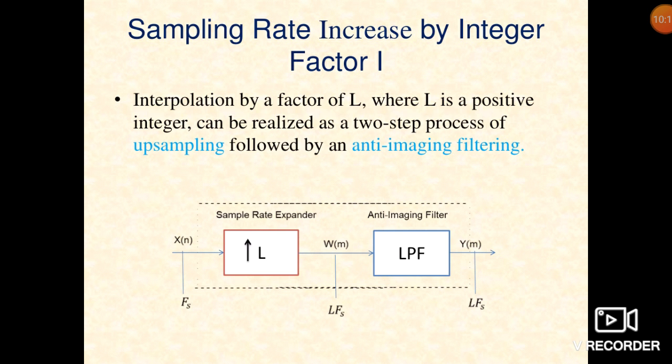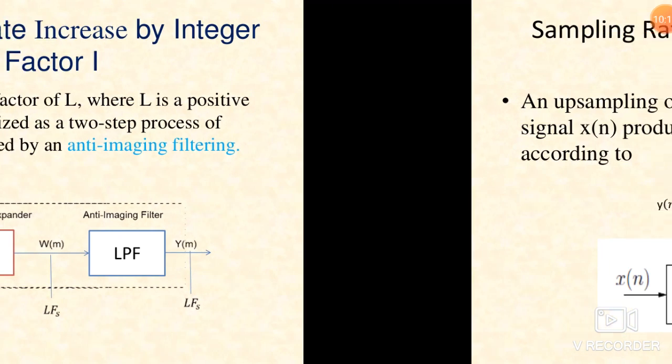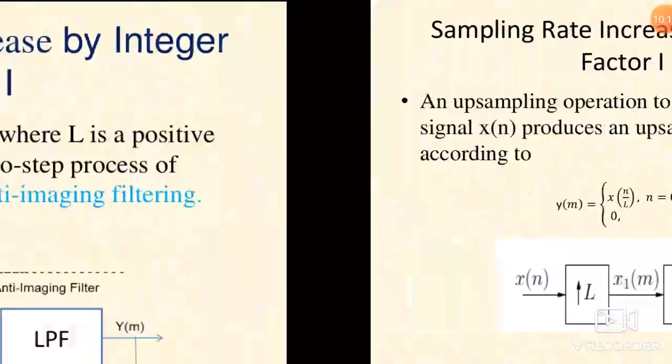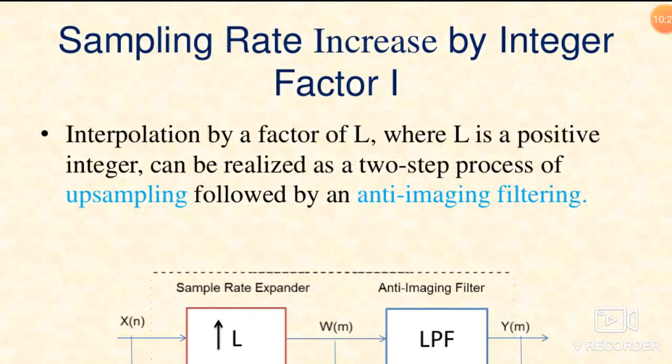Here we are going to increase the frequency. In this, x of n is the input of the upsampling part, and w of m is the output of the upsampling part, and the frequency is increased by a factor of capital L. How do we increase it by a factor of L?